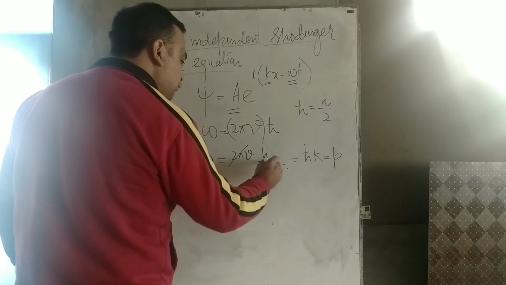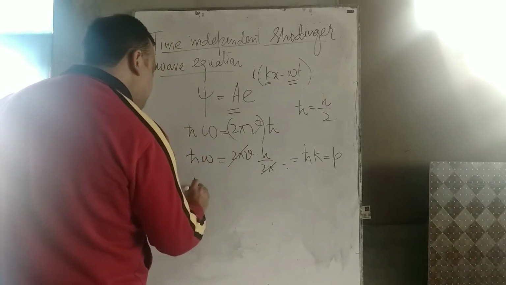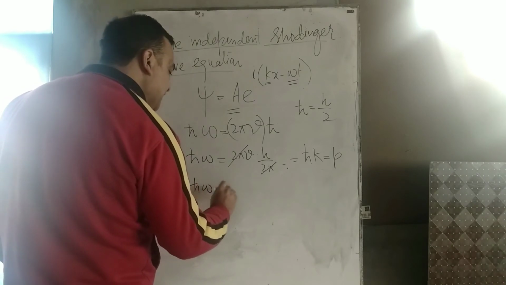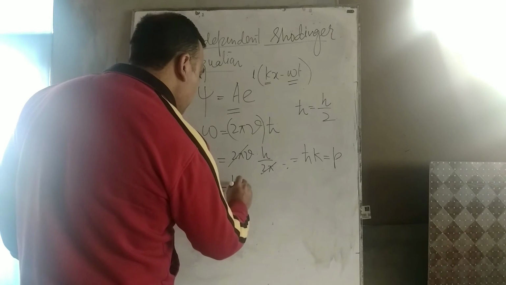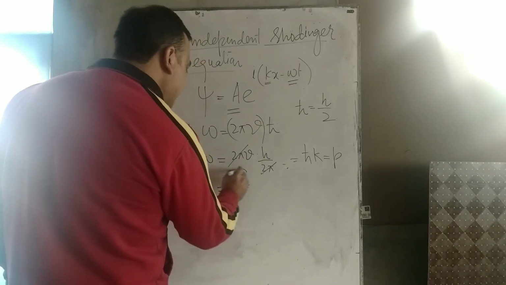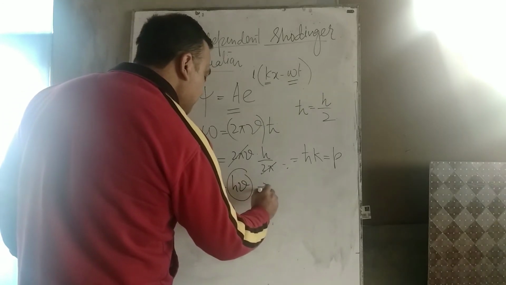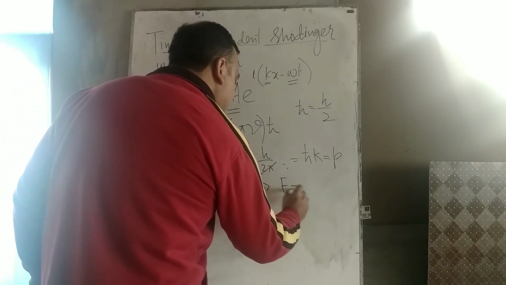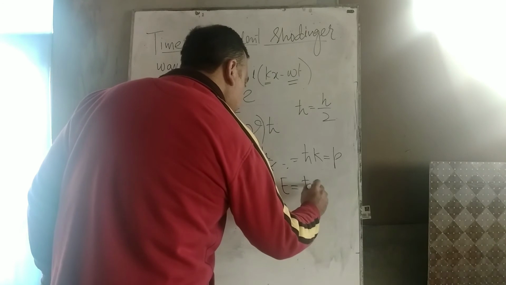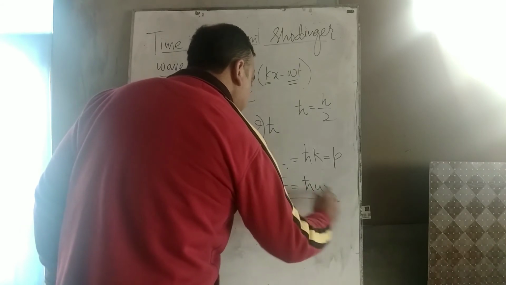This 2 pi and 2 pi will be removed. So h bar omega is simply h nu, where this h nu refers to the energy. So E can be assigned to h bar omega.